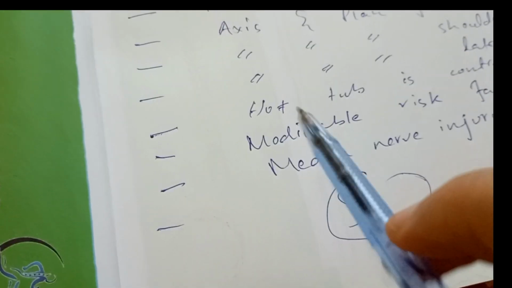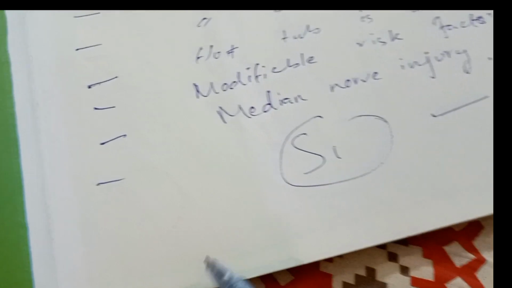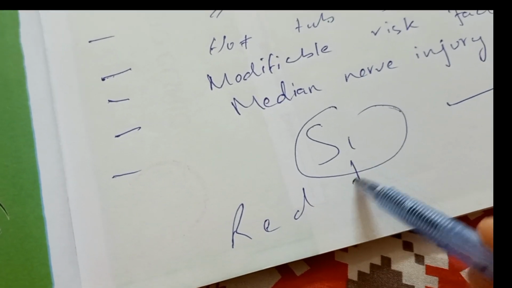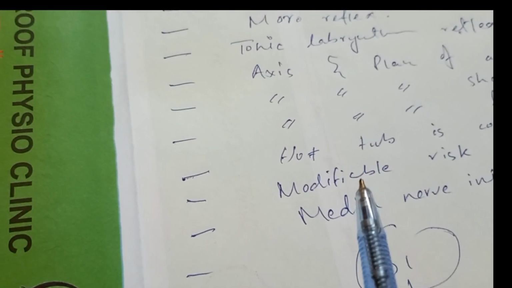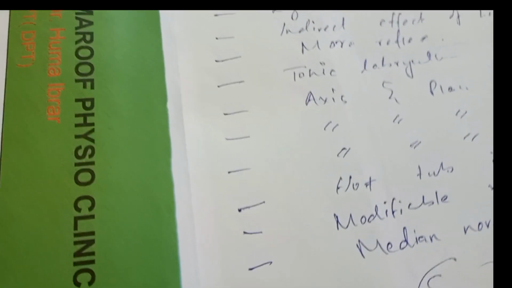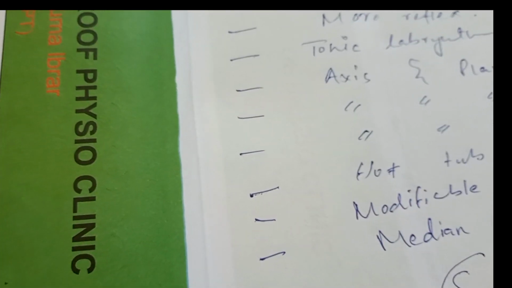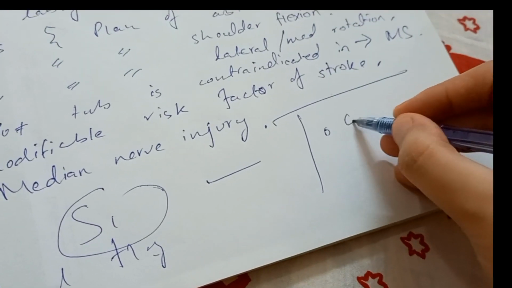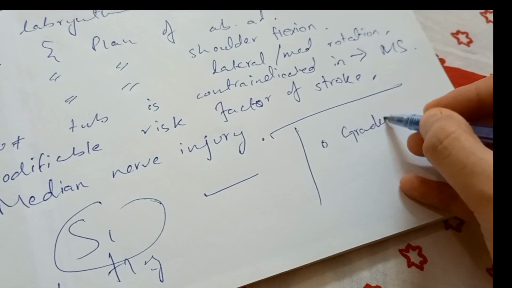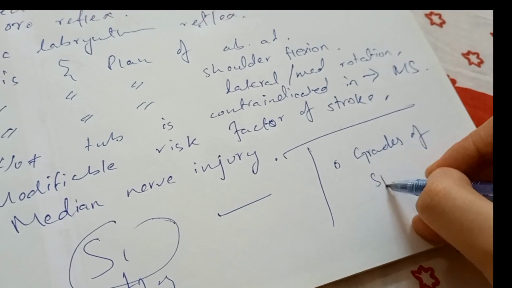Then there was a red flag sign for acute low back pain. And then there was grade of sprain. You should know the grades of sprain.